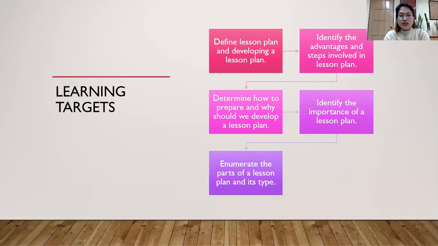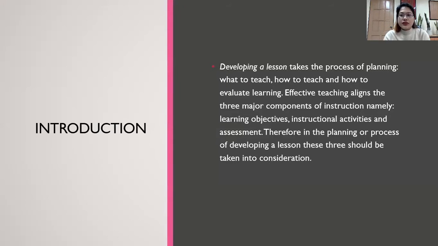I'm tasked to discuss the first one, which is to define a lesson plan and developing a lesson plan. Developing a lesson takes the process of planning what to teach, how to teach, and how to evaluate learning. Effective teaching aligns the three major components of instruction, namely learning objectives, instructional activities, and assessment.